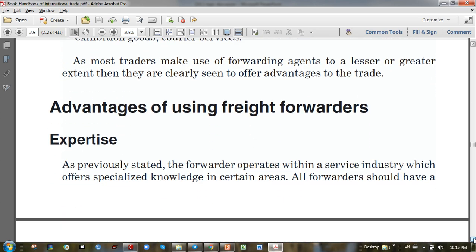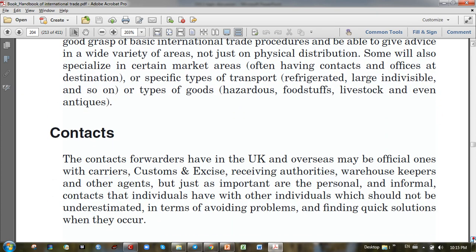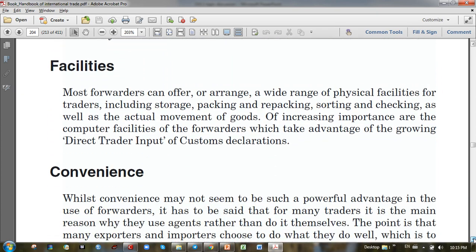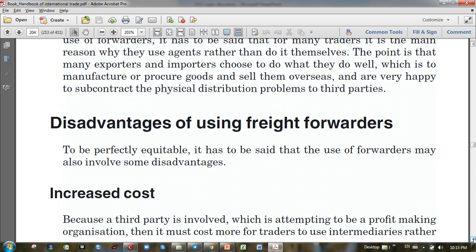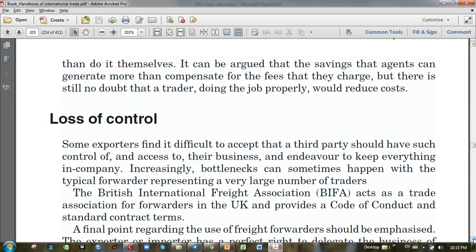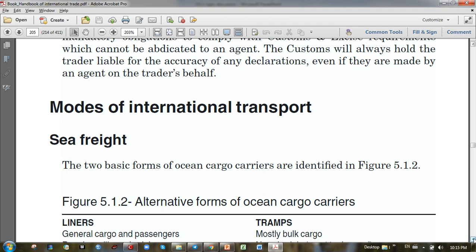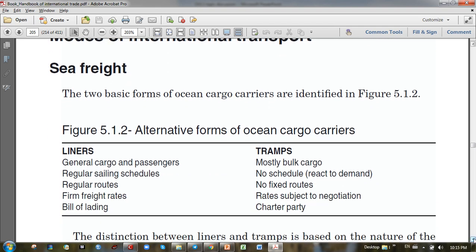Advantages of using freight forwarders: expertise, contacts, facilities, convenience. We also have disadvantages of using freight forwarders: increased cost, loss of control. Modes of transportation will have sea freight.